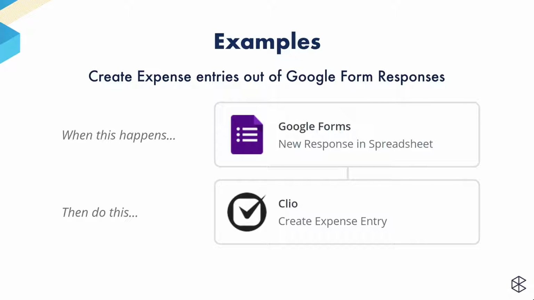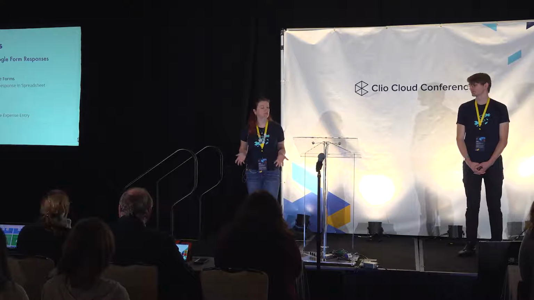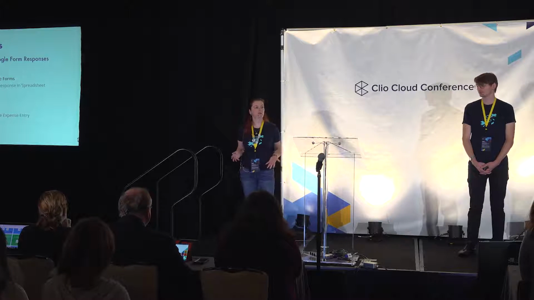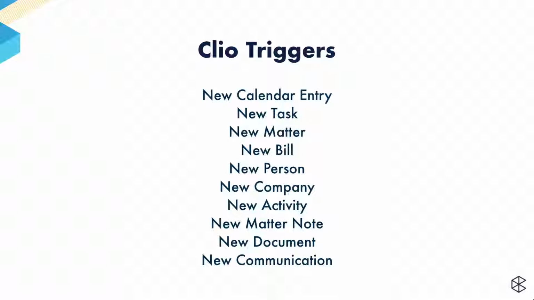Google Forms is another one that we're going to get into a little bit. You can create a form within Google. It's kind of like creating a Google Doc, similar. And based on the information you enter into that form, you can have things happen in Clio, like creation of an expense entry, or maybe creating a matter, custom fields. There's a lot of triggers available in Clio.